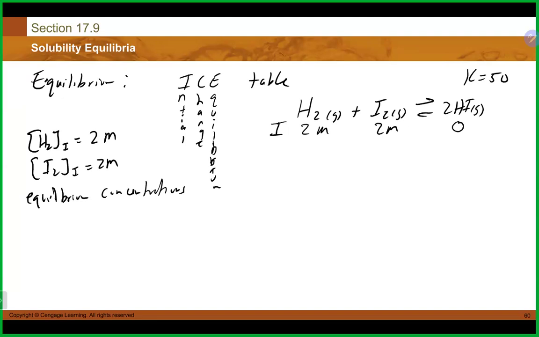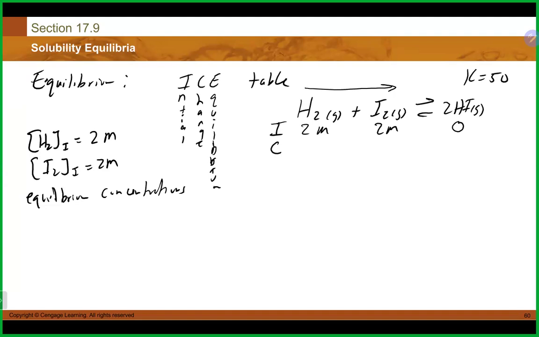You don't have anything. Now, the change part is actually really the important part here. In this particular case, because we have no products, we could safely assume that this reaction should head to the right-hand side. What that means is the reactants that we have should be decreasing with time because the forward reaction is happening, and the product should be increasing with time because it's being made.